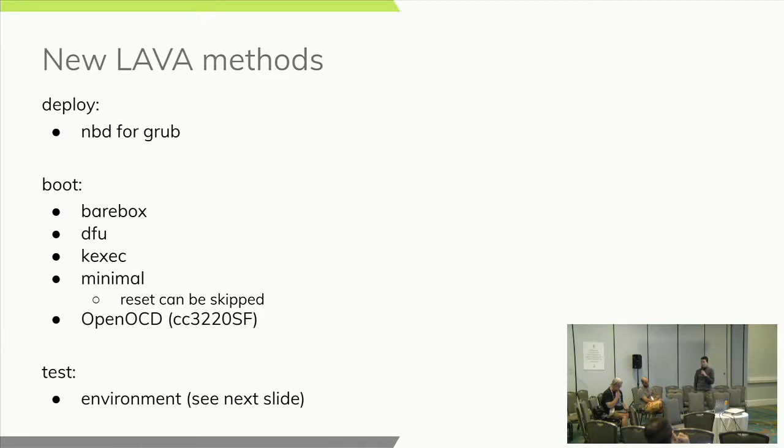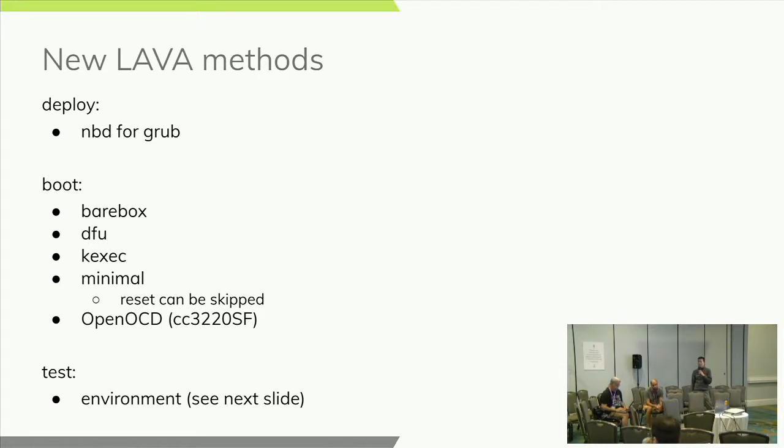We can also deploy and boot using DFU, a DFU that is implemented by U-boot. So the board will boot to U-boot, and then in the shell we will switch to a DFU mode. And then Lava will talk in DFU to the board and flash it. We use that for LCES2, the Schneider boards, and it's working quite well.